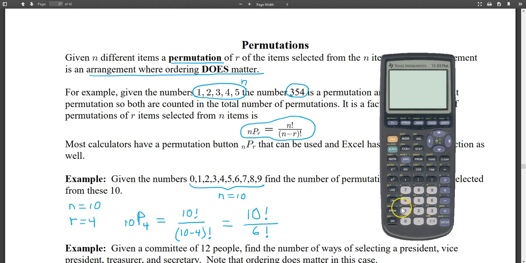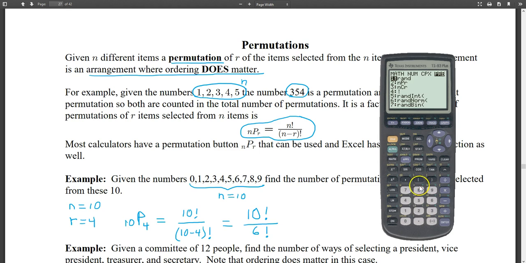The permutation function is here on your calculator. Now we want to evaluate 10P4. So first of all, type in 10. This is on the TI-83. I'll show you how to do it in Excel as well. Then press the Math button, go over to Probability, and you see the nPr there.